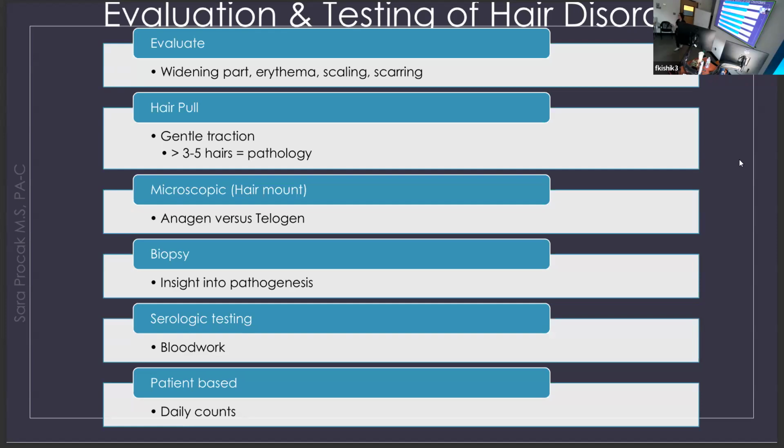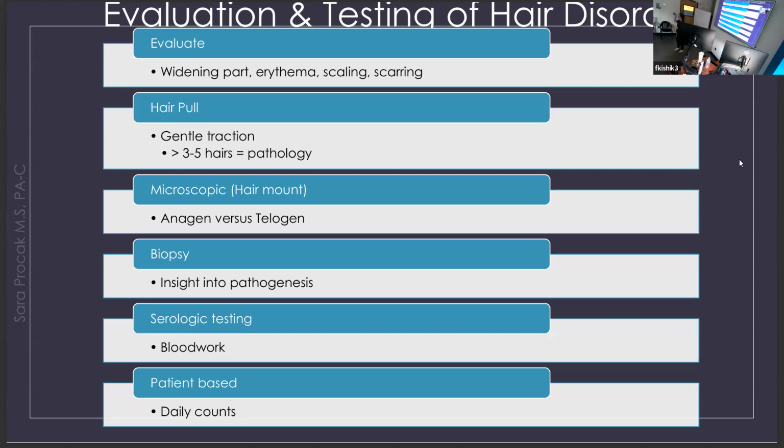All right. That's an important question because it can help you figure out the severity of what's going on with your patient. All right. Hair loss doesn't just happen on the scalp. Okay. It can happen in the eyebrows, in the beard, on an individual's legs. All right. If I'm noticing it in multiple areas, they probably have more of a severe pathology presentation going on. All right. So it's important to ask that.